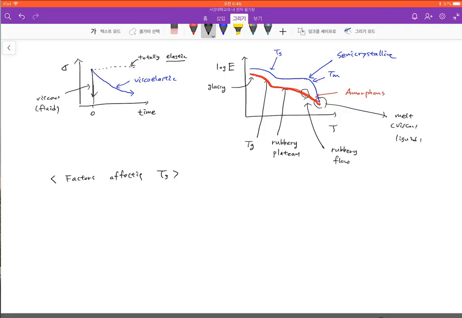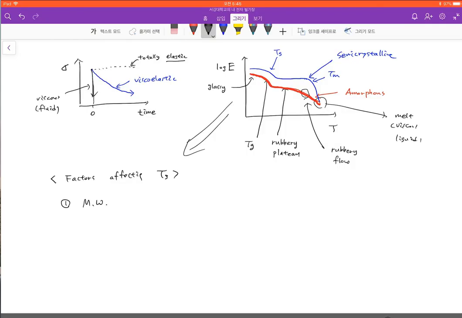We can simply understand that any factors which affect the mechanical properties, as determined in this Young's modulus change as a function of temperature, will affect glass transition temperature, right? Okay, there are many different factors.